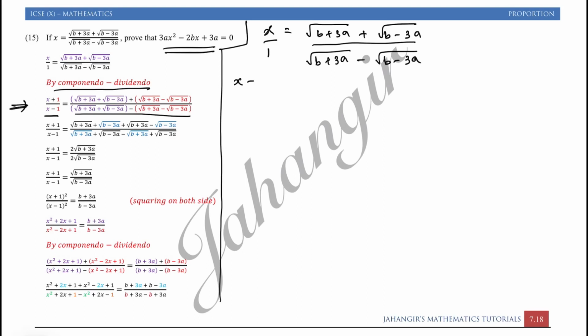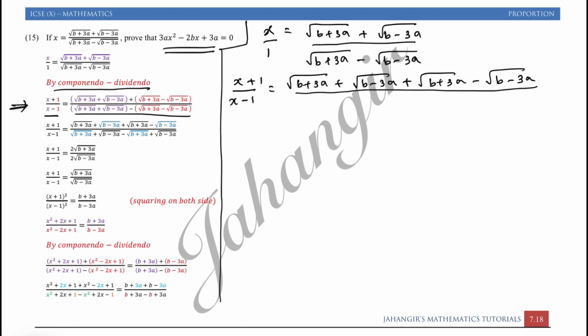I will just write without a bracket. x plus 1 upon x minus 1 is equal to root of b plus 3a plus root of b minus 3a plus root of b plus 3a minus root of b minus 3a, whole upon root of b plus 3a plus root of b minus 3a minus root of b plus 3a minus minus will become plus.